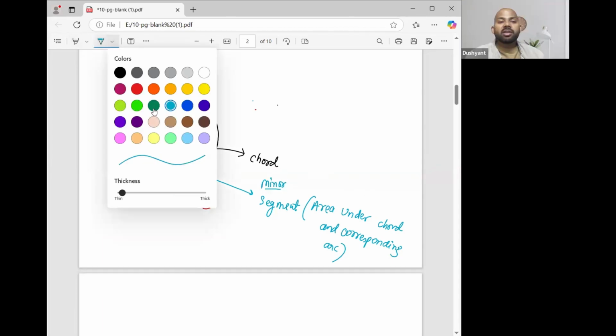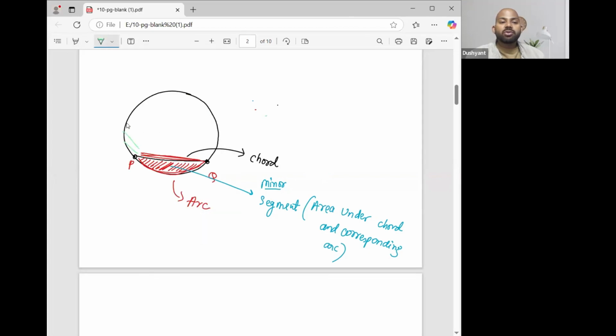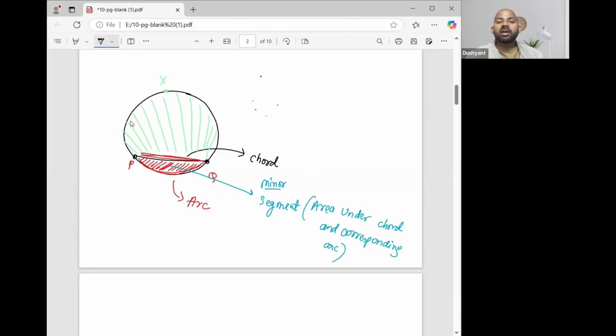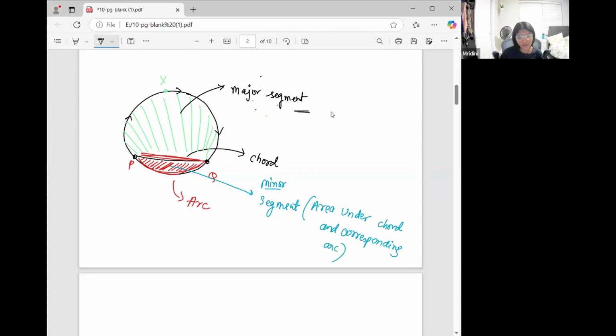And if you look in the opposite direction, you will see that this is also the area between the arc and the chord, isn't it? If I take the point X here, PXQ is the arc, and this is the chord P to Q. That area is known as the major segment, because it's big.